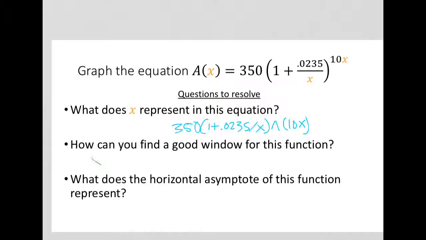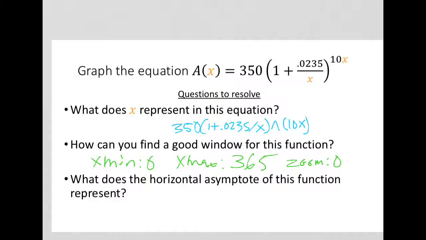And so I'm going to put my x min at 0, and I'm going to put my x max at 365. And then at that point, I'm going to hit zoom option 0 to do a zoom fit, and that should give me a pretty good window to start with.